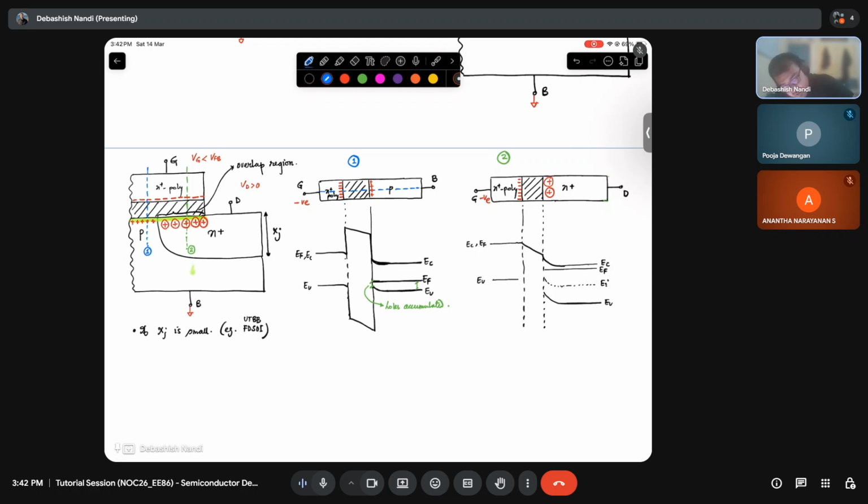This is the difference at the surface. So this is less N type, or the same thing we call depletion, right? Yes, sir. So in this region there is depletion.